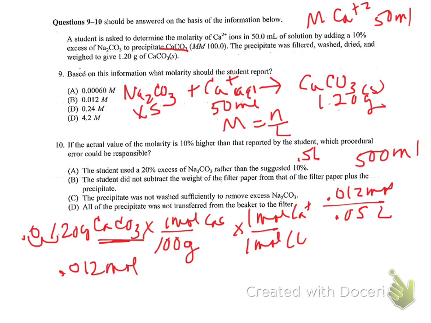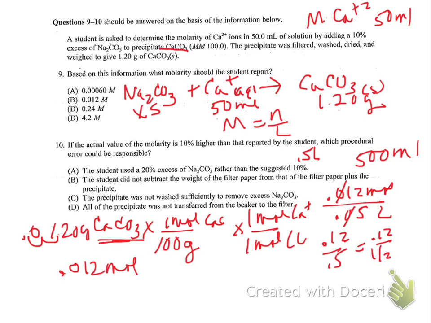Now, in order to solve this, I'm going to simplify by getting rid of the zeros for both, and I'm left with 0.12 divided by 0.5. The way I think about this, and you might do it differently, is that 0.5 is really a half.